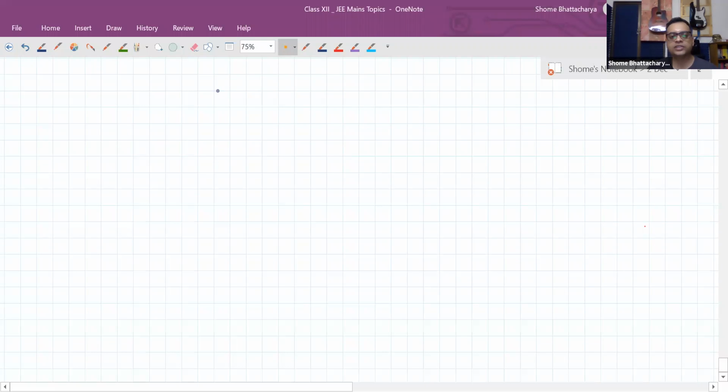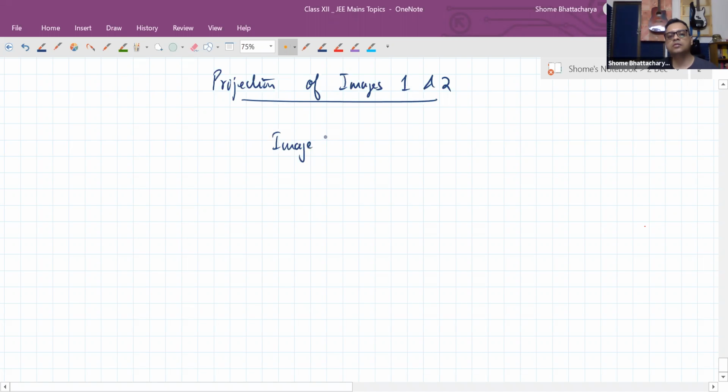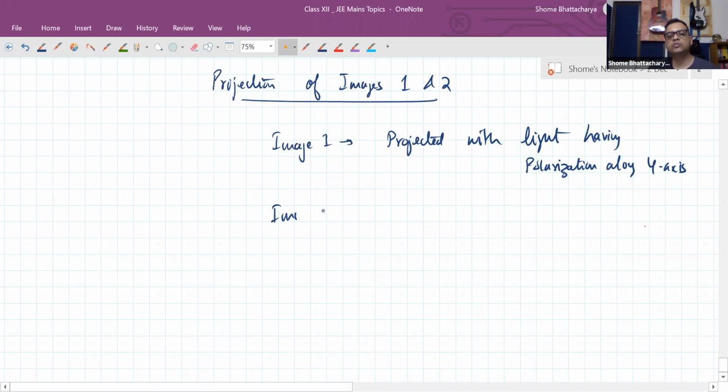In the projection of the images 1 and 2, let's say image 1 is projected with light having polarization along the y-axis, and image 2 is projected with light having polarization along the z-axis. Now you wear shades on your eyes.